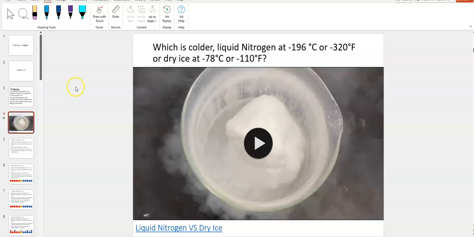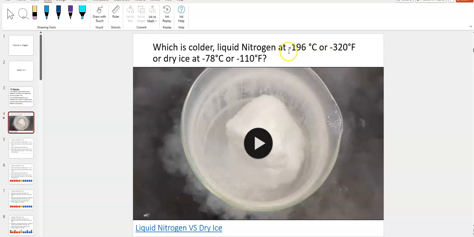So on your note takers, the first thing that we did in class was we took a look at this little video that showed liquid nitrogen and dry ice and how they relate together. But before we watched it, we took a guess at which one's colder. So I have the two temperatures, one in Celsius and Fahrenheit, for both liquid nitrogen and dry ice.